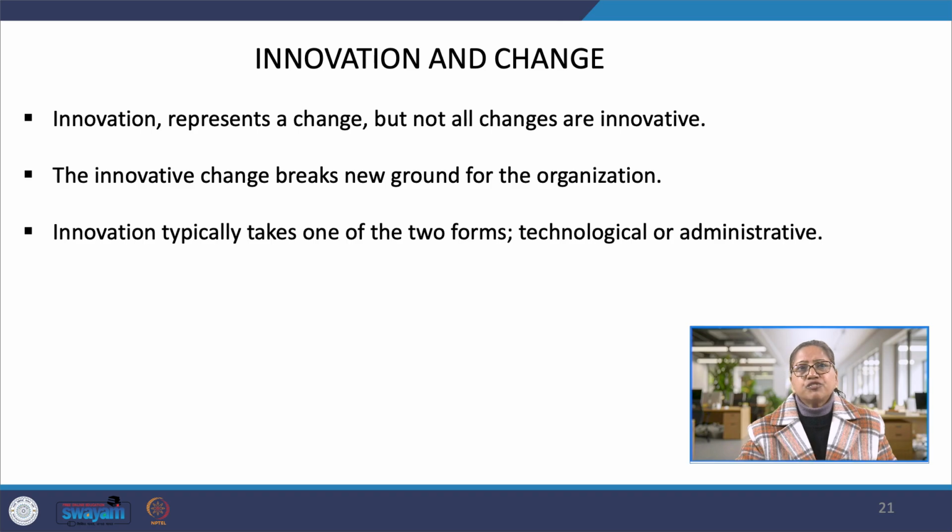Innovation and change. Innovation represents change, but not all change initiatives are innovative. The innovative change breaks new ground for the organization and hence is more threatening and more likely to be resisted by the organizational members. Innovation typically takes one of two forms, technological or administrative.